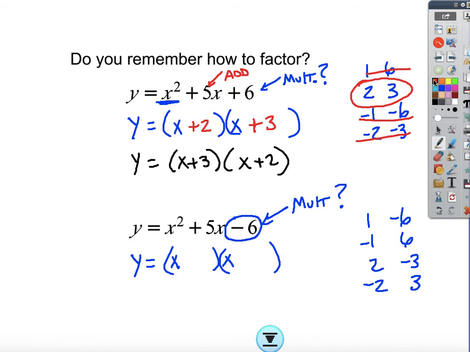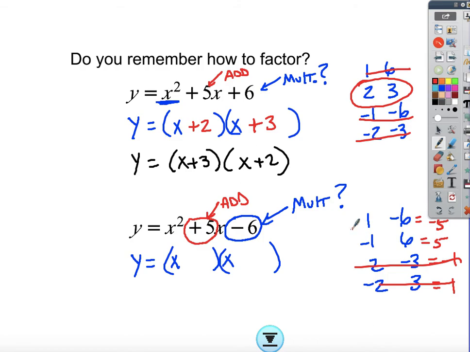But I'm going to choose the pair that adds to 5, and it's a positive 5. So we want it to add to positive 5. If you add these up, you're going to get a negative 5. So that's not it. If you add these up, negative 1 plus 6, you do get a 5. If you add these up, 2 plus negative 3, you get a negative 1. If you add these up, you get a positive 1.